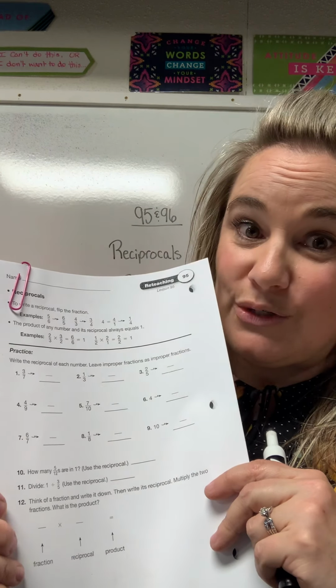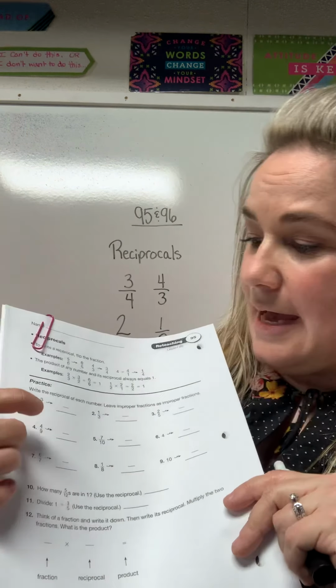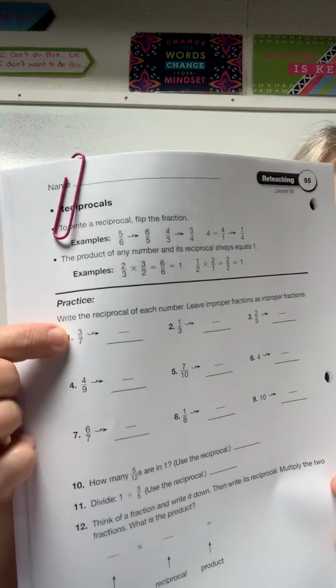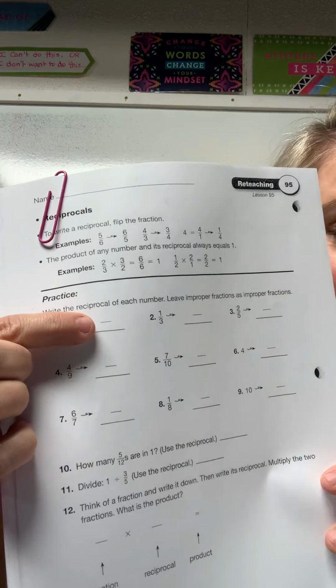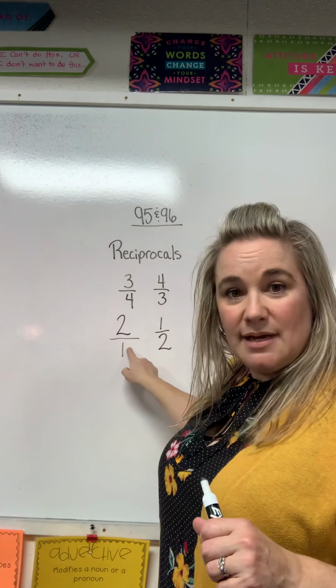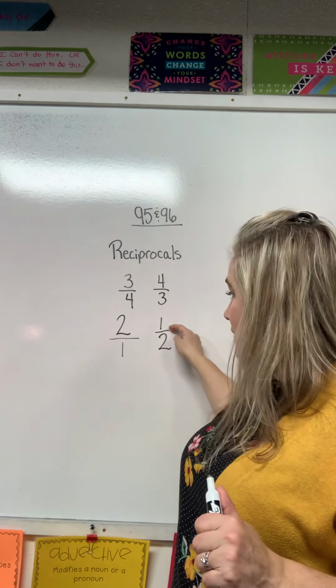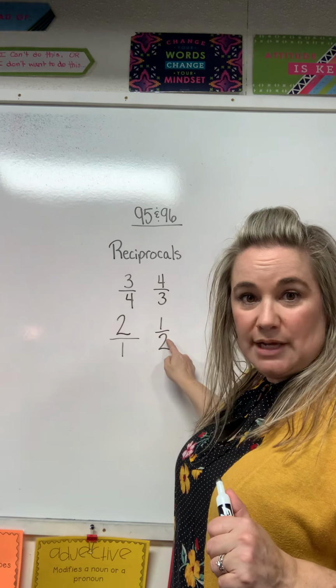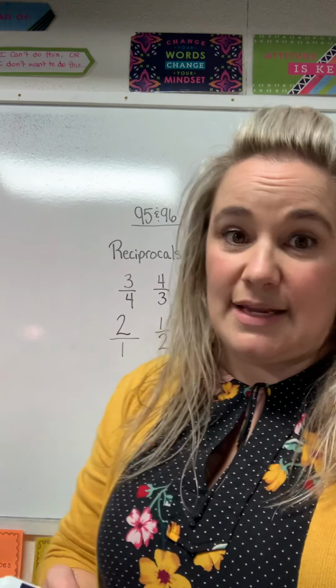It's very simple, so don't make it hard. The reciprocal of 3/7 is going to be 7/3. You're just going to flip the terms, that's it. A reciprocal is simply an inverted fraction, flipping the terms in your original number to make them opposite or inverted. That is lesson 95.